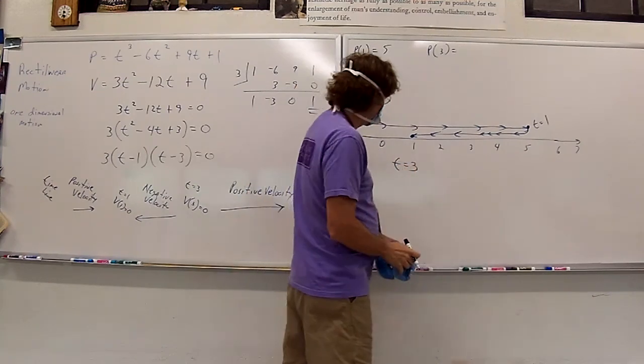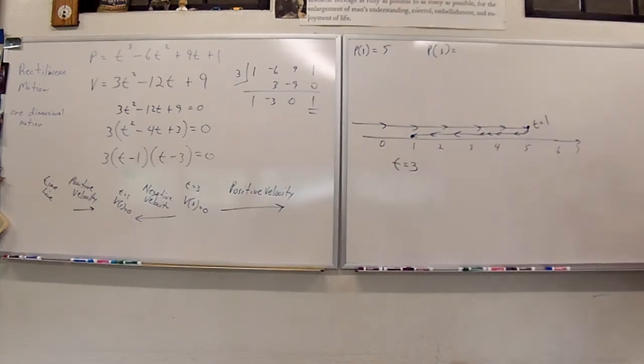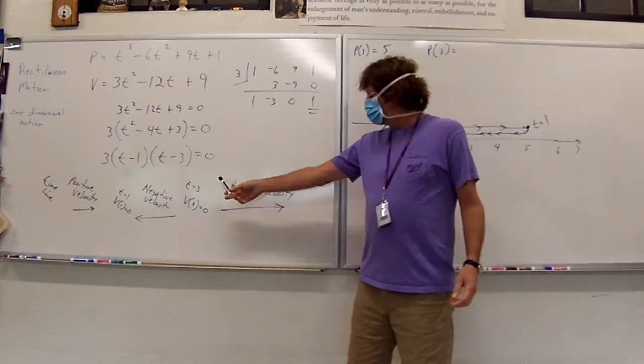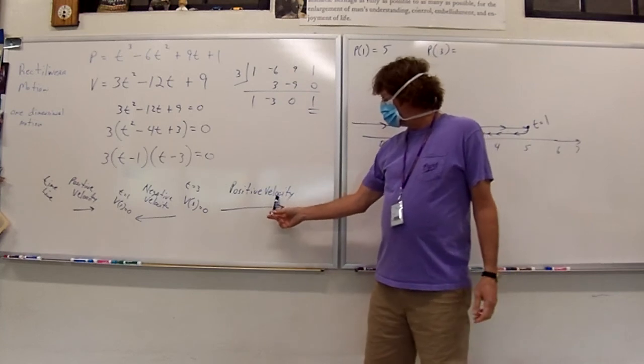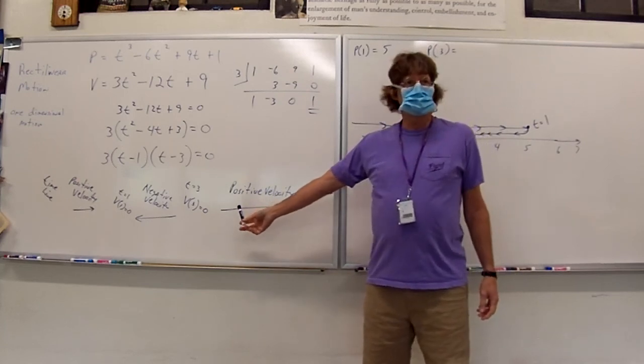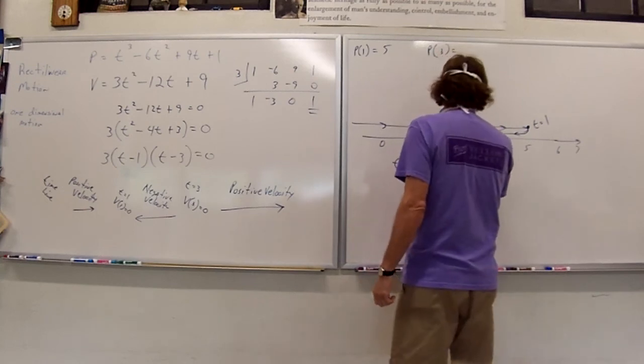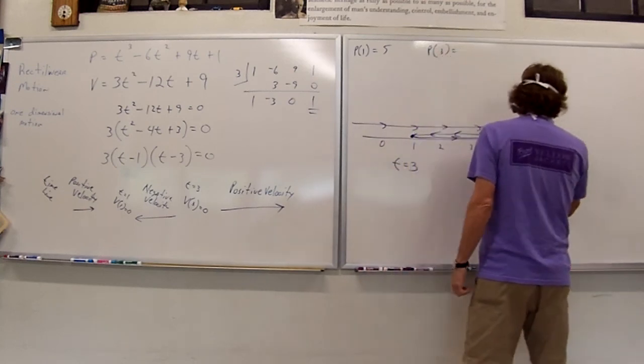T equals 3. Then what does it do at that 3-second mark? It turns around again, doesn't it? Everybody agree it turns around? How do I know it turns around? Because at t equals 3, the negative velocity went back to positive. Turns around. And then it just goes forever and ever.